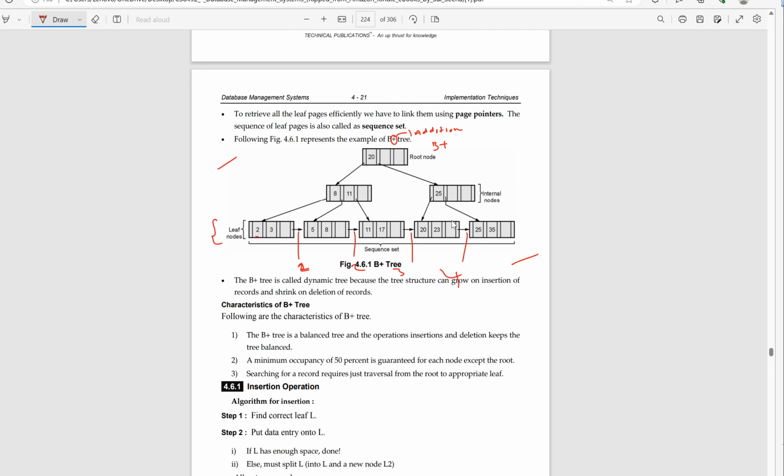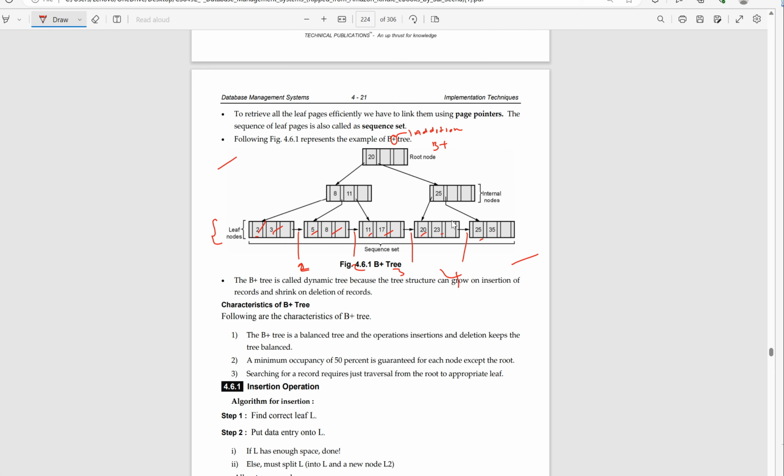If you take the first leaf value, you can go to the second value and then the consequent leaf node, that is 5 and 8, and then the next node gives 11, 17, 20, 23, 25. So if you want all the data inserted in the tree to be retrieved, you can simply go to the leaf nodes and take all the values.